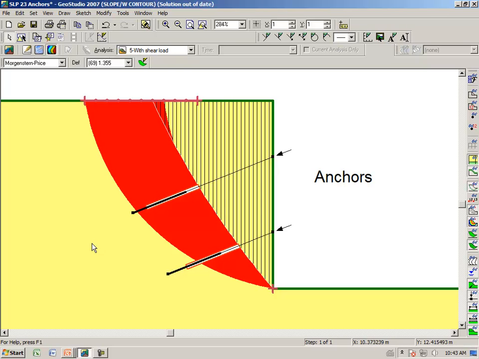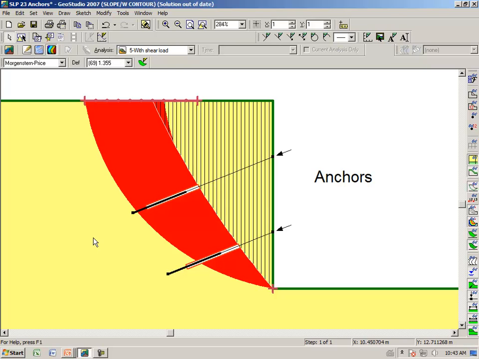And this is one of the issues that you will encounter with reinforcement. We will come back to this when we look at nails and geofabrics. But you always need to be cognizant of the fact that there is no one particular slip surface that necessarily totally governs.